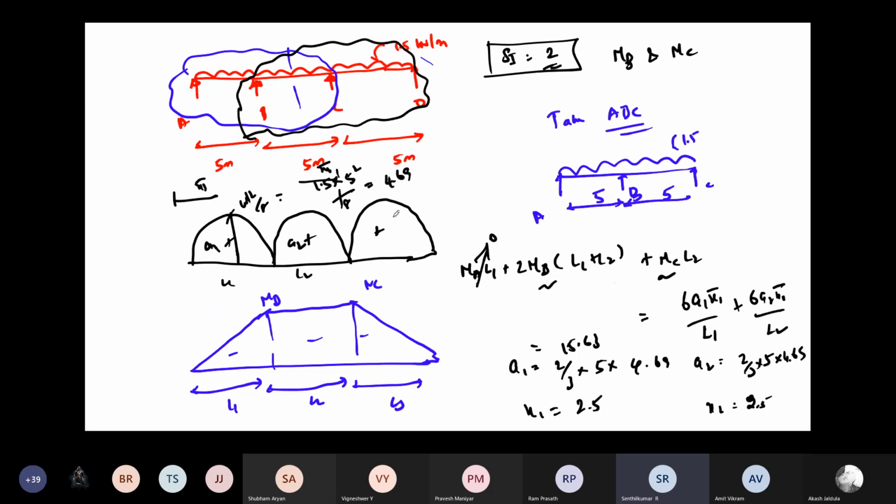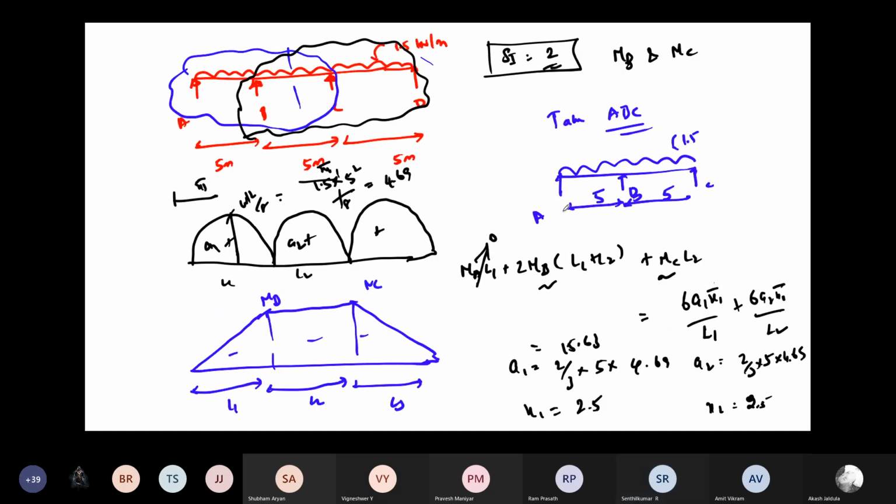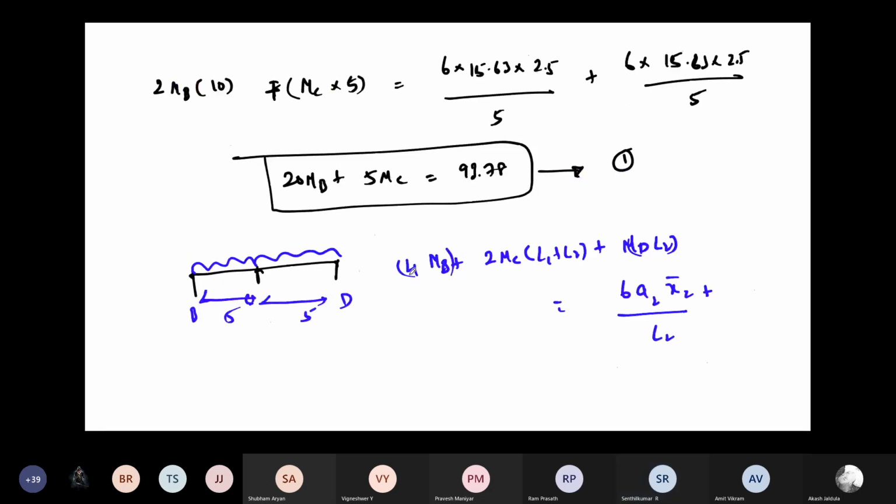plus, taking this as A3 with length L3, 6A3 x3bar divided by L3.